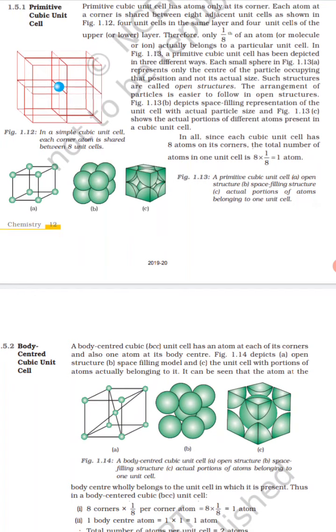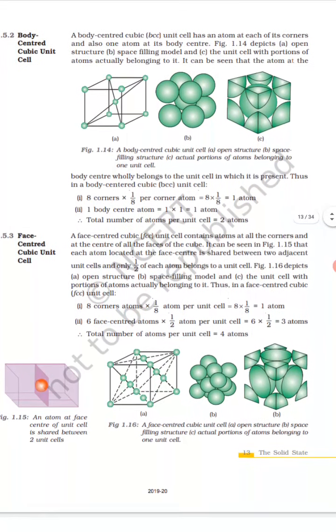First of all, the primitive unit cell or the primitive cubic unit cell. As we have seen, in primitive unit cell, the particle is present only at the vertices. A cube has 8 vertices. Each vertex has contribution 1 by 8, so the number of particles will be 8 into 1 by 8, that is equal to 1. Or the primitive unit cell has contribution which is equal to 1.